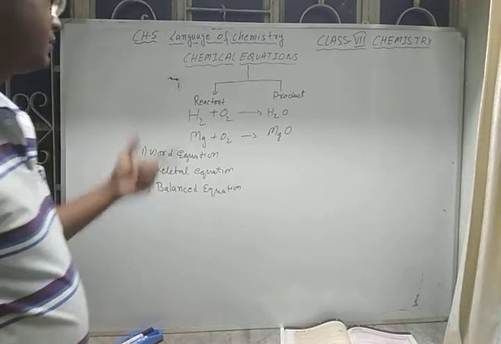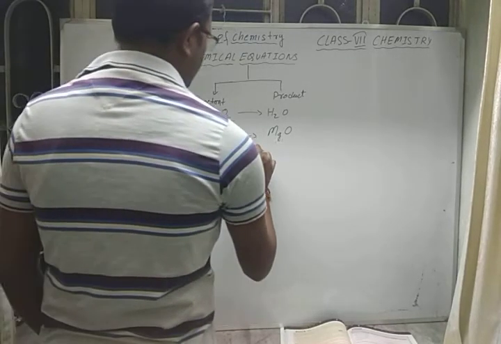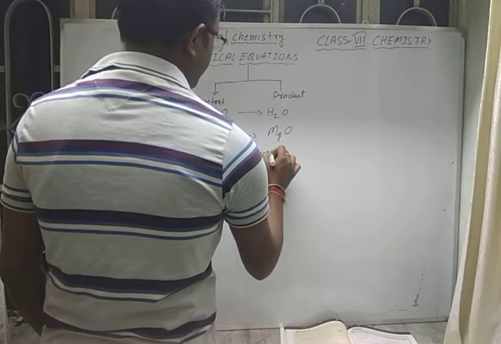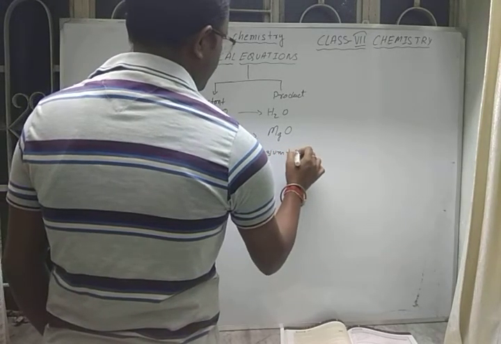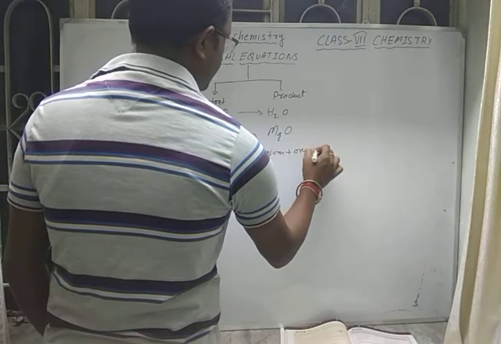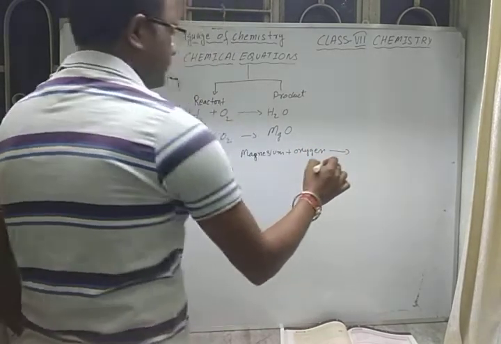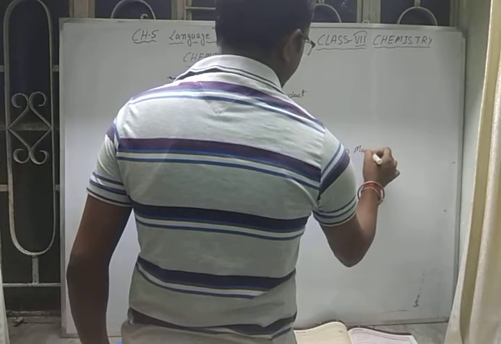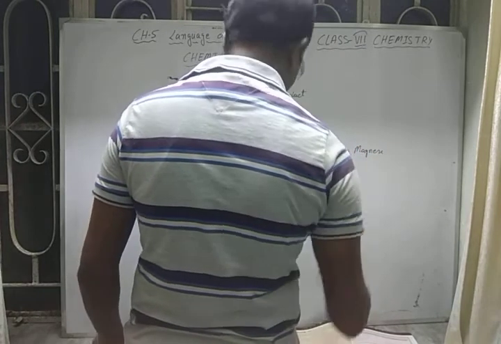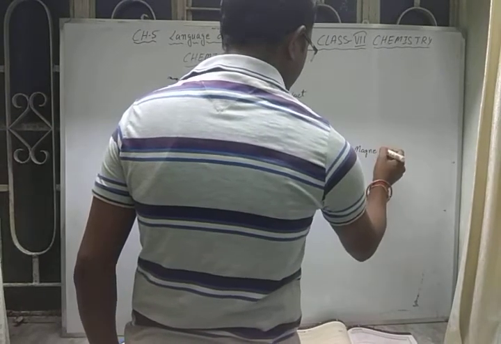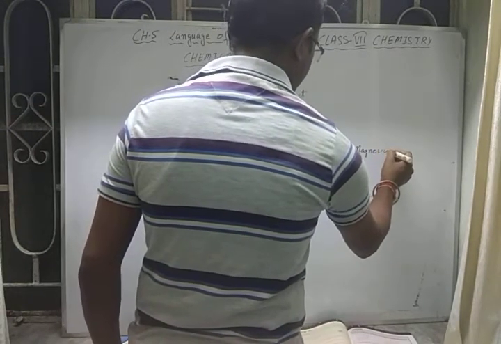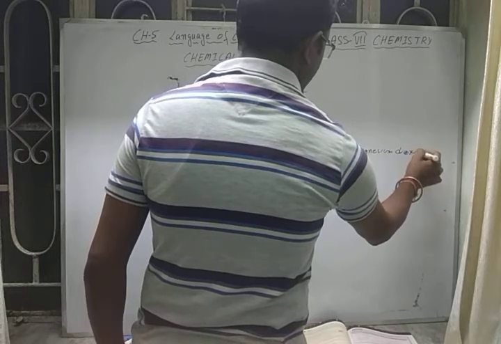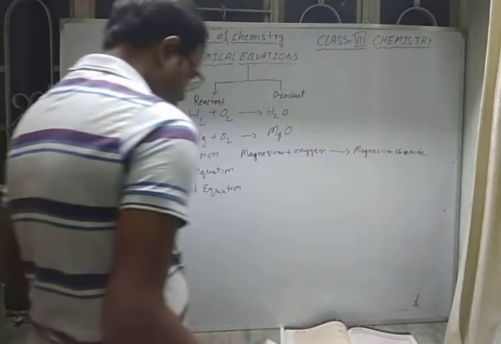Word equation: suppose I write magnesium plus oxygen gives magnesium oxide.